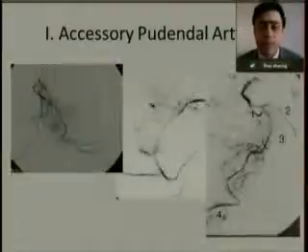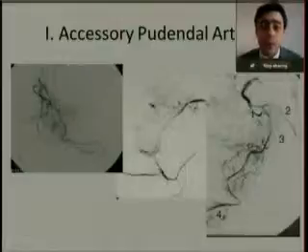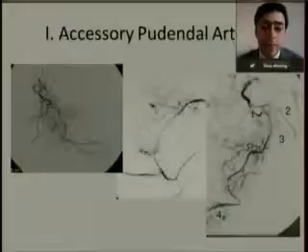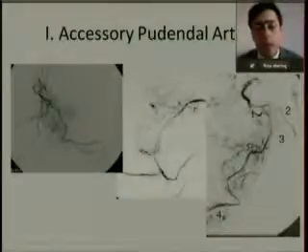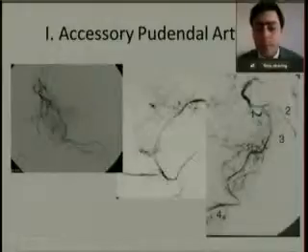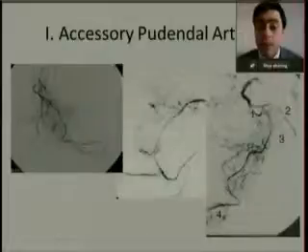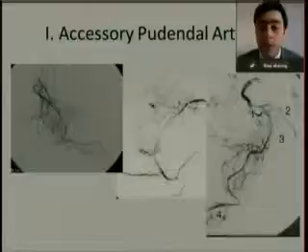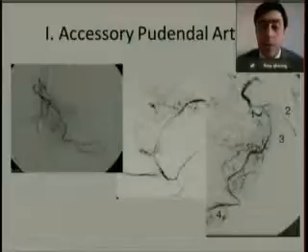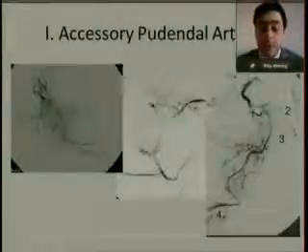Here in the first picture you have a selective angiogram with the dorsal artery of the penis, and on your right-hand side a selective angiogram where number 1 is an accessory pudendal artery, 2 is the pudendal artery, and 4 is the distal branch of the accessory pudendal artery. So it's a very huge accessory pudendal artery.